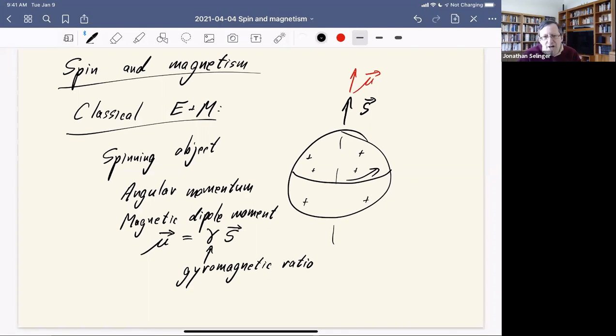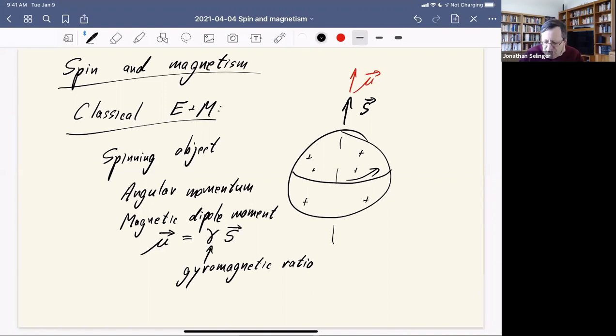Gyro is like gyroscope, refers to spinning, and then magnetic is the second half of the word. And as usual with these compound words, the first half represents the cause, and the second half represents the effect. So the spinning is the cause, and the magnetic dipole moment is the effect.